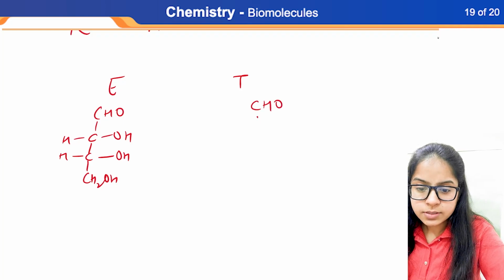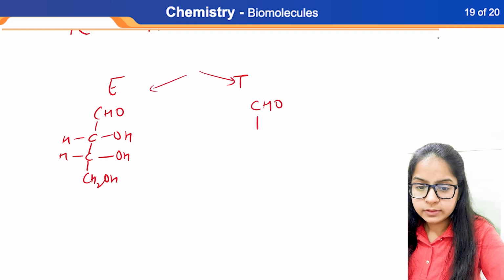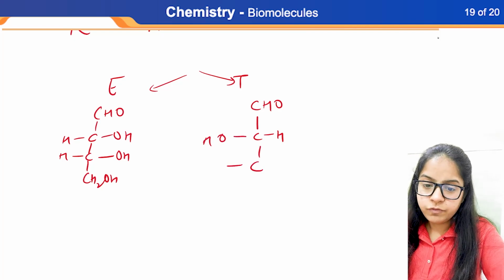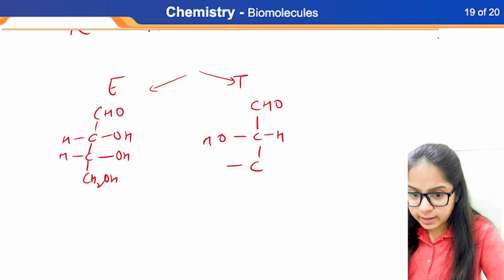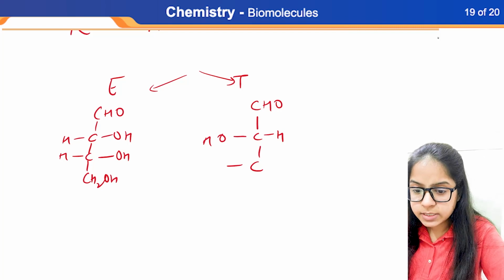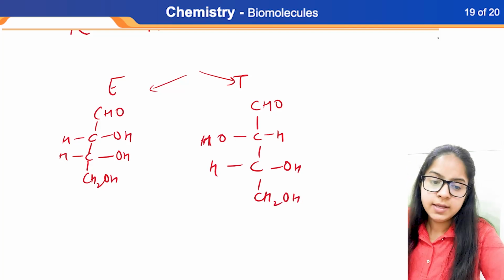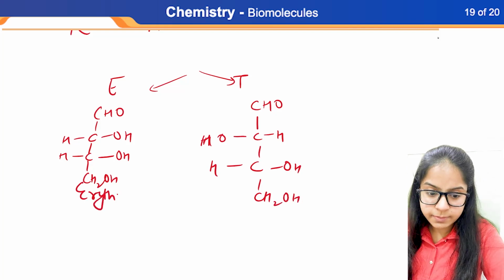For threose, it is on the right side, then you put H on the right side, OH on the left side. Remember the H: T is in the right direction. So hydrogen is going to be on the right. H, OH, CH2OH. This is erythrose.